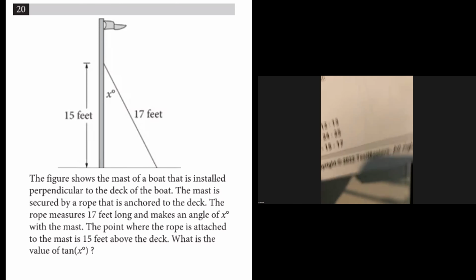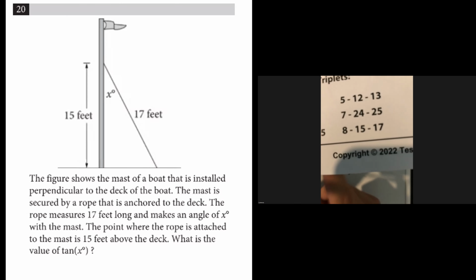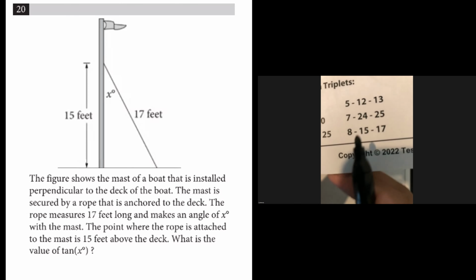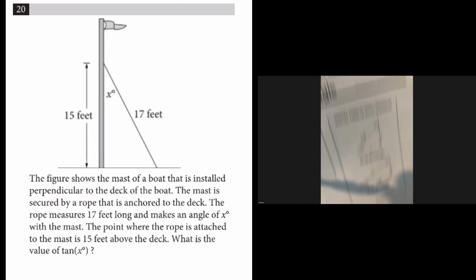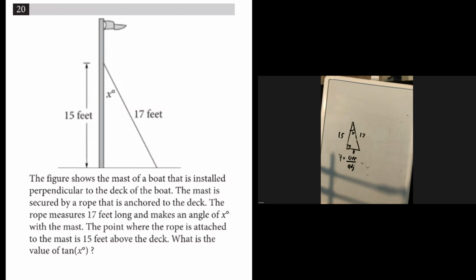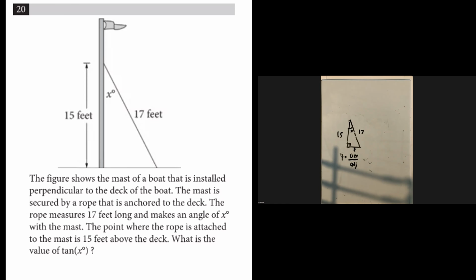As you can see here, 8, 15, 17 is the last common triplet on here. And so using that, we can easily figure out that the last side length has to be 8. And so we just do tan, which is opposite over adjacent. The opposite would be 8 and adjacent would be 15. So the answer would just be 8 over 15. As for the common triplets, they're mostly just memorization.